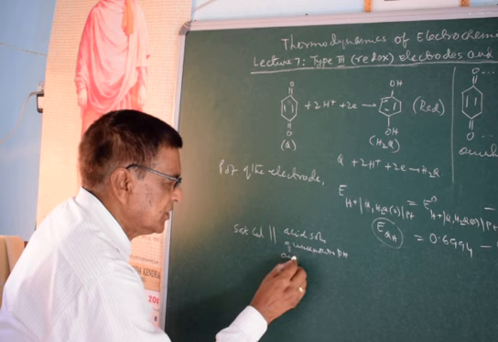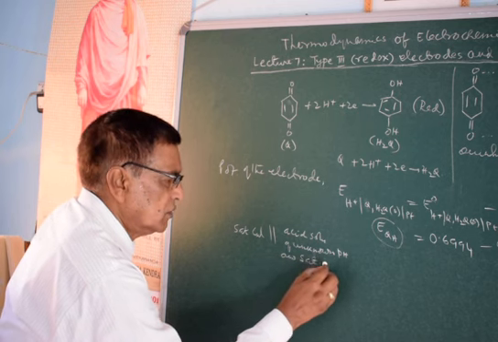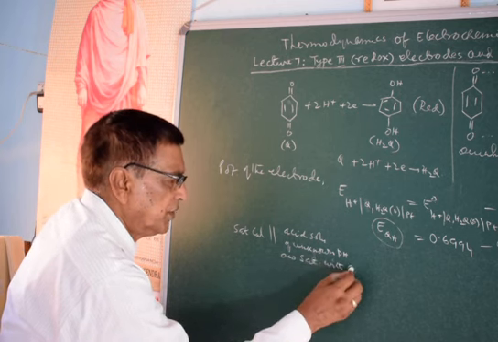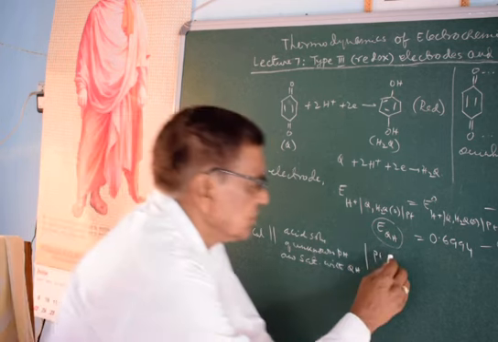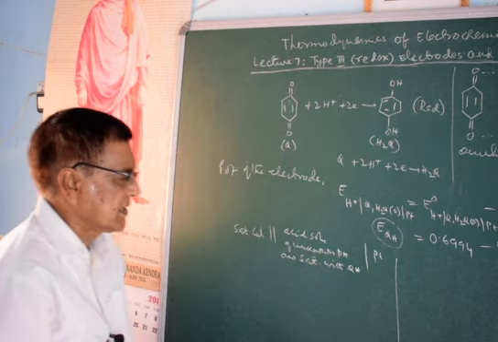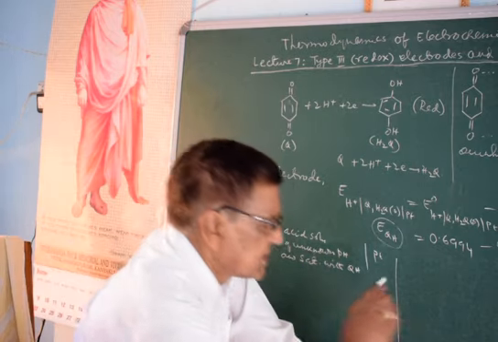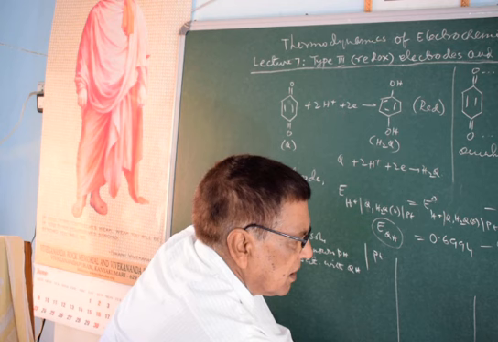saturated with quinhydron, and here the platinum. So the cell so constructed is very simple.